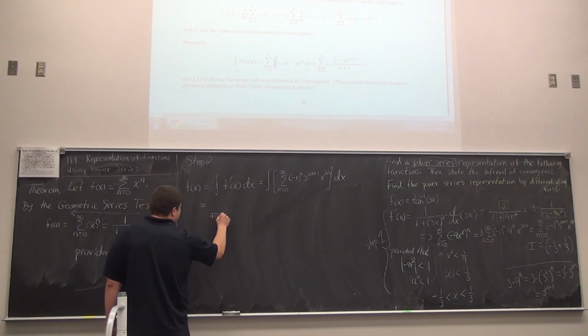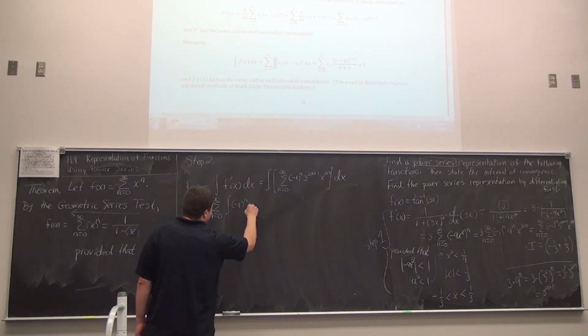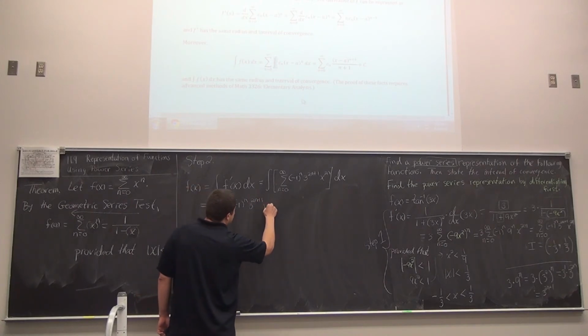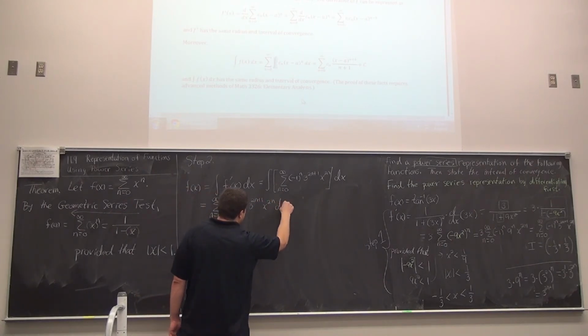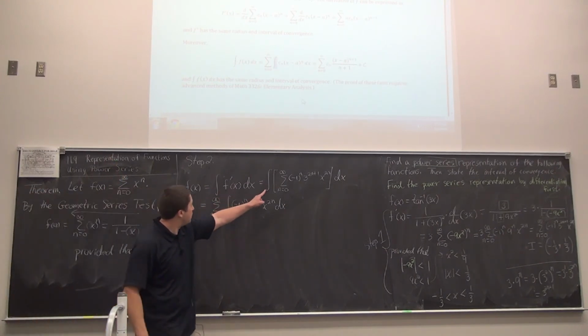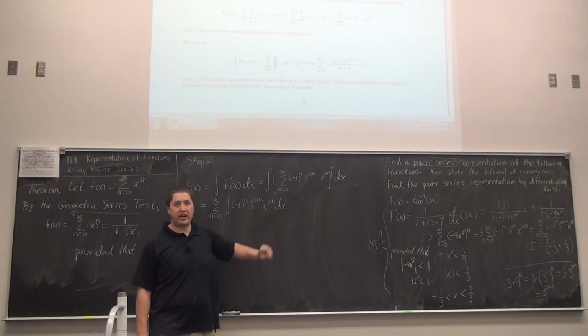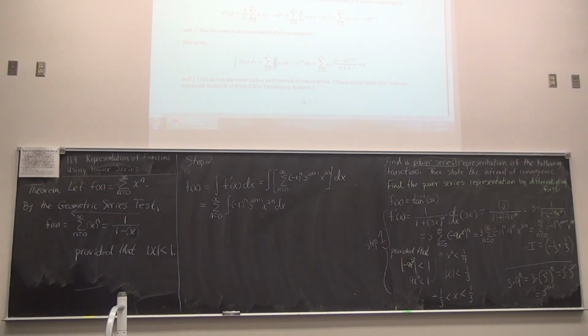It's the same as the summation as n goes from 0 to infinity of the antiderivative of negative 1 to the power of n, 3 to the power of 2n plus 1, x to the power of 2n dx. So that's the use of that theorem above there. We can interchange or say commute the integral sign across a summation, even if it's a summation of infinitely many terms, provided our radius of convergence is positive.